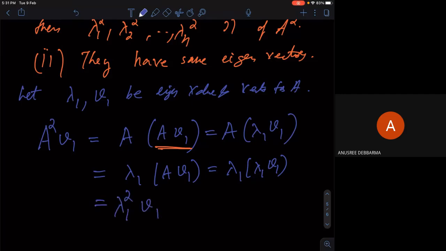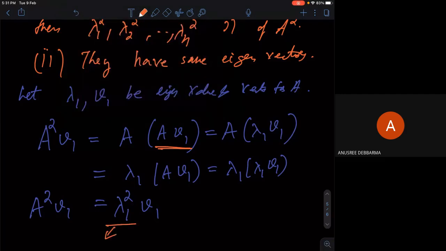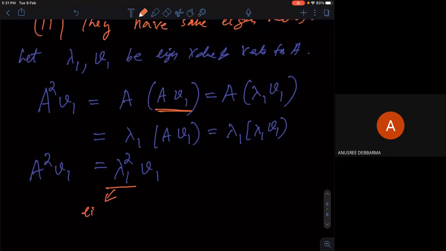So we have A square v1 is equal to lambda 1 square v1, and therefore this is my eigenvalue and this is my eigenvector. So the eigenvector remains the same, v1, and the eigenvalue is now squared.